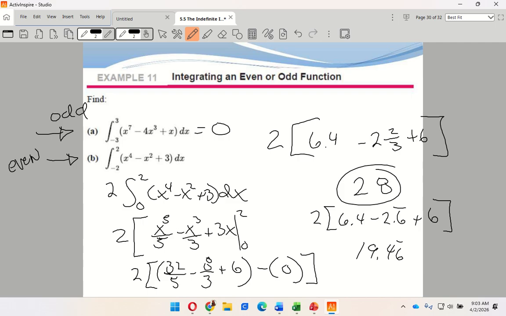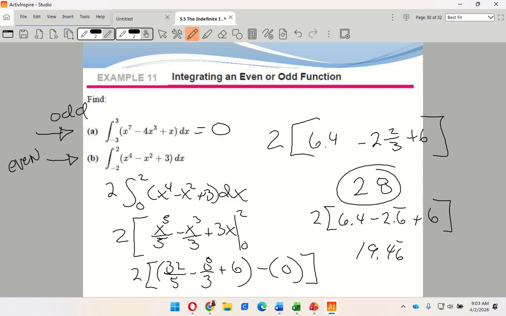But I did the math you did right there, like I did that one first with the fractions, and it's different. I got 19.46, but then I did it with the decimals.